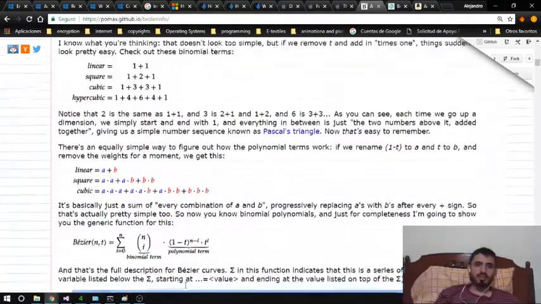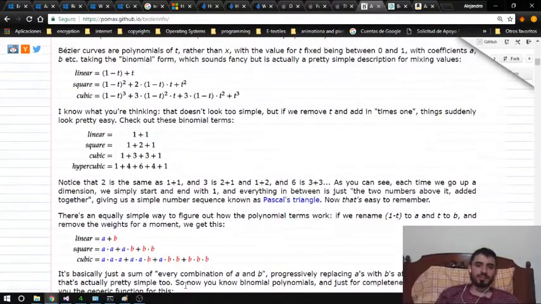So as you can see here, we have this Pascal triangle, which is basically the combinatorial way. It tells you how combinatorics works.